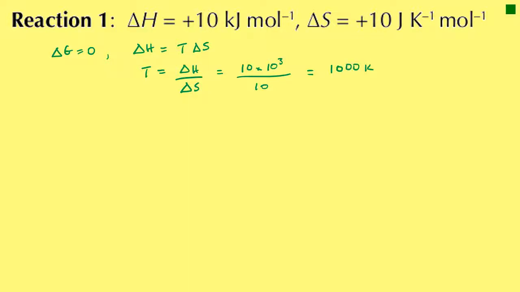At 1000 Kelvin it's just feasible, and at any temperatures above 1000 Kelvin delta G is going to be less than 0, and therefore the reaction would be feasible.